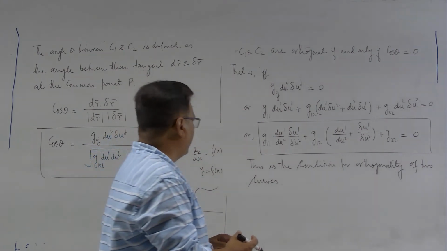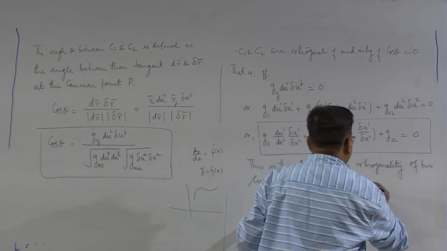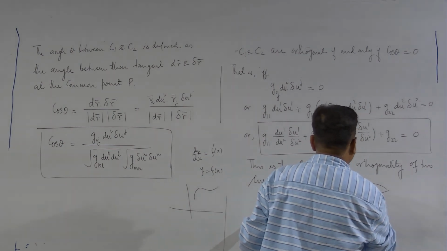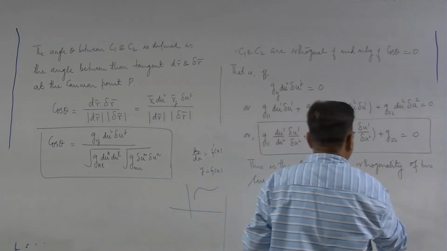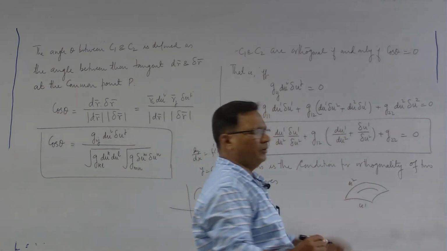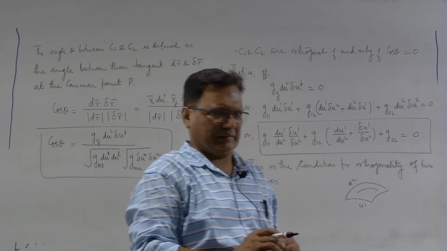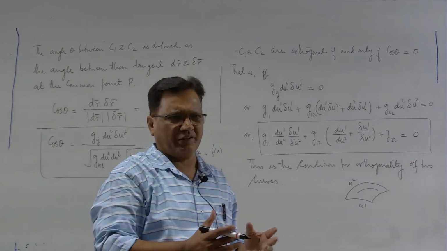In place of x and y, I have on the surface the coordinates u 1 u 2. If you are moving along a certain curve, then d u 1 upon d u 2 will give you the direction of the tangent vector. So, this gives you the direction or slope, whatever you call it.